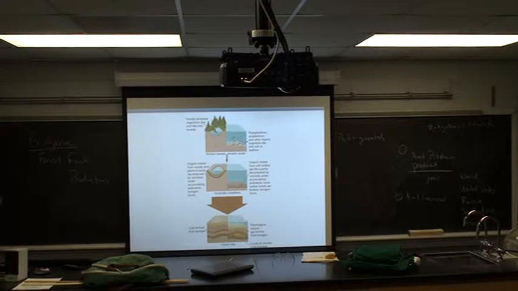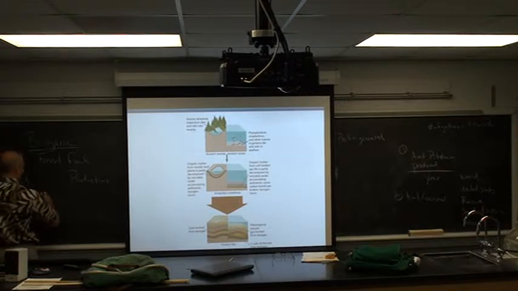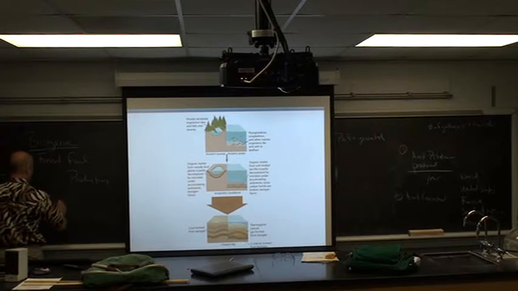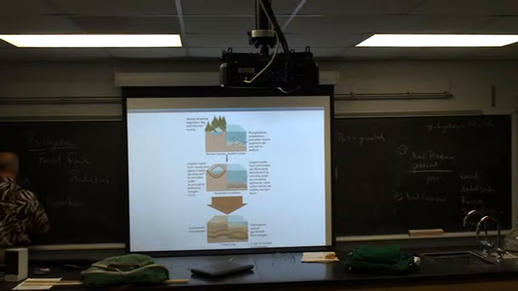There was a fellow by the name of Thomas Gold. Very smart guy. He was an astrophysicist at Cornell University. He was the most recent person who really brought it to an English-speaking audience, what's called abiogenic formation of petroleum.